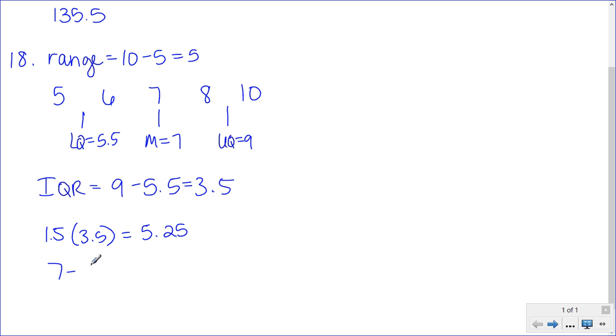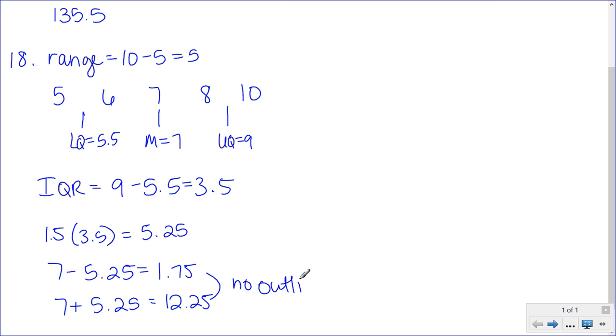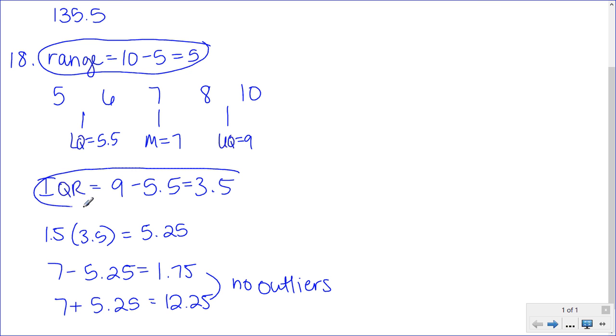So we'll take 7 minus 5.25, and we get 1.75, and then 7 plus 5.25 to get 12.25. And if we look at our data values, there's nothing that's lower than 1.75, and there's nothing bigger than 12.25. So this means there are no outliers. Okay, so here's the range, the interquartile range, and no outliers.